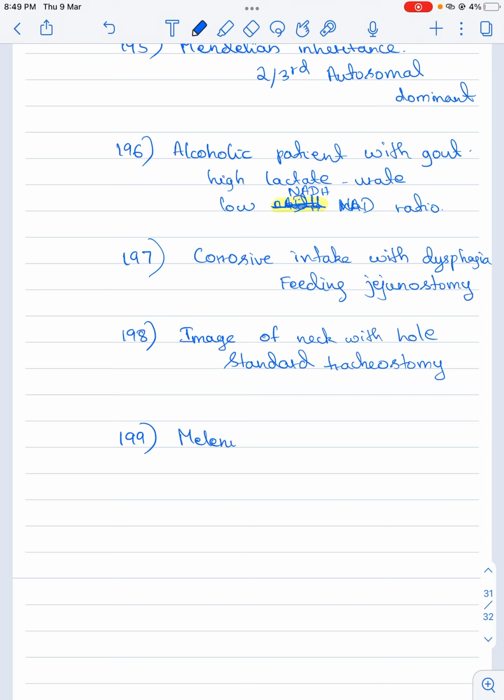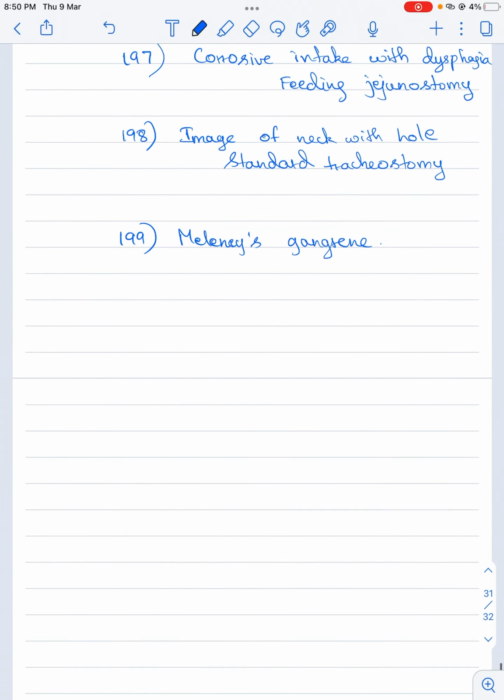Meleney's gangrene. Regarding this question, this is a previous year question. I have seen this question before while doing the previous years. It's a little older question, but from the previous years itself. The question was to identify the false statement.